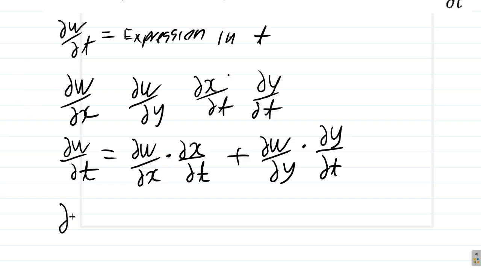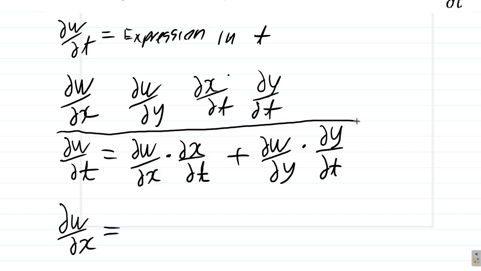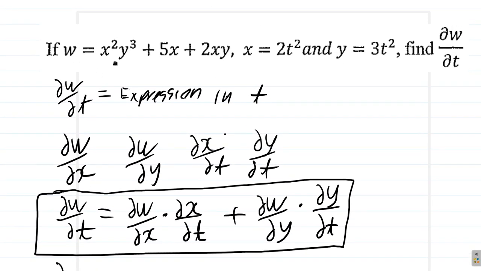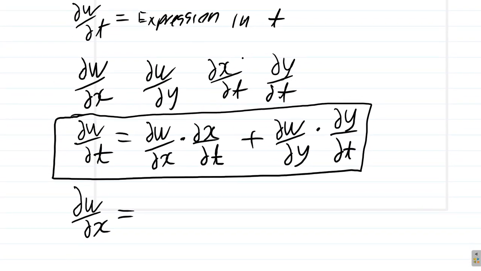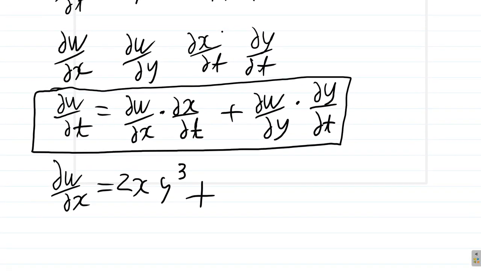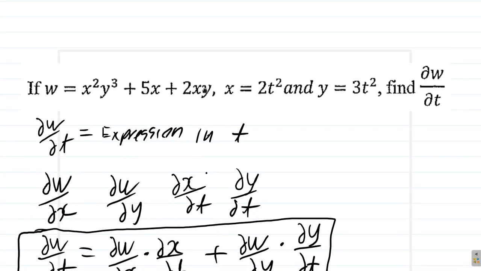What is the partial derivative of w by partial x? Now remember, this is the formula that we're going to be using here. Partial w by partial x is what? If you differentiate with respect to x, you're going to get 2x y cubed here. So you have 2x y cubed plus 5 plus, this will be just 2y.